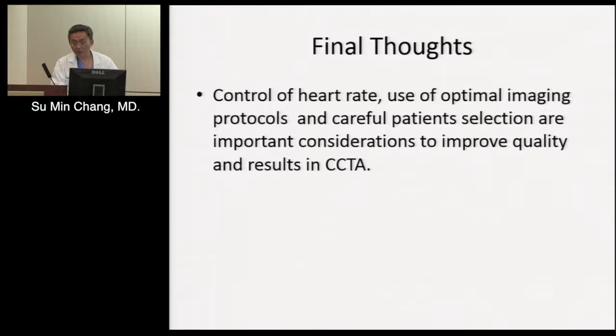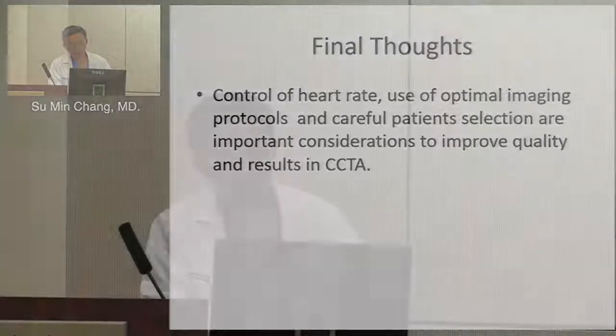Those patients, you don't want to give any more beta blocker, but otherwise try to slow the heart rate. And find out the indication of the study so you can give them the protocol and provide the answer. And obviously, if you don't think you're going to get a study on a patient, don't even bother, because there's another way of getting the information you need.